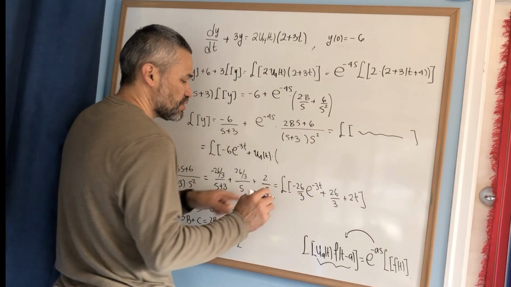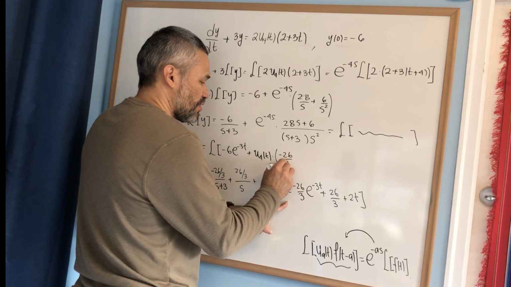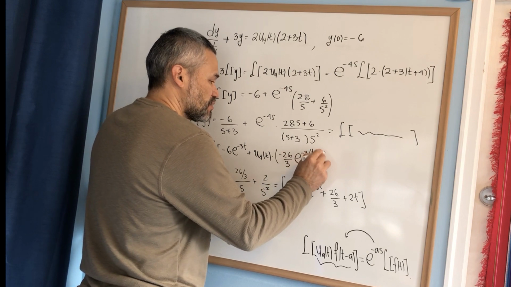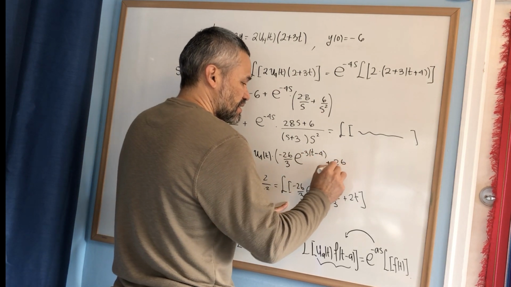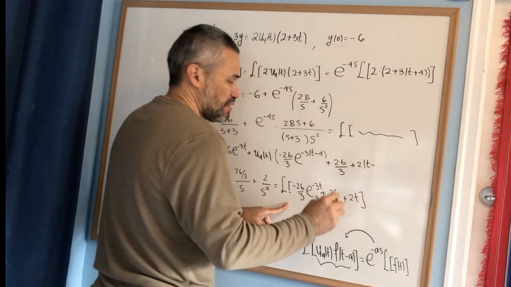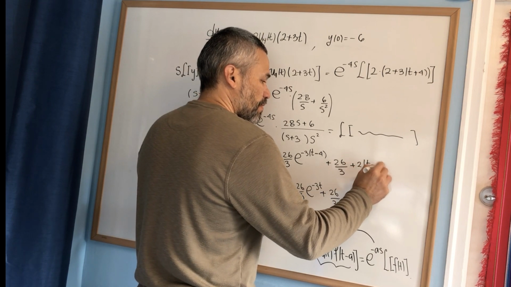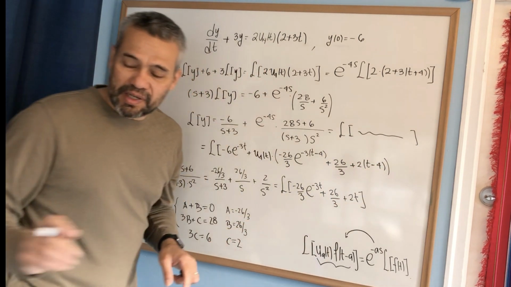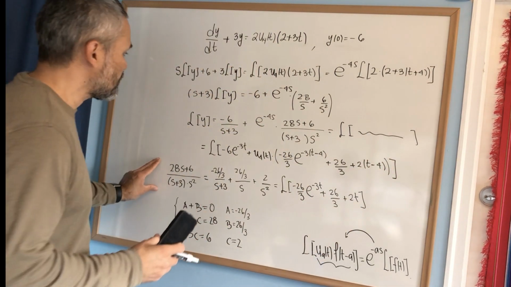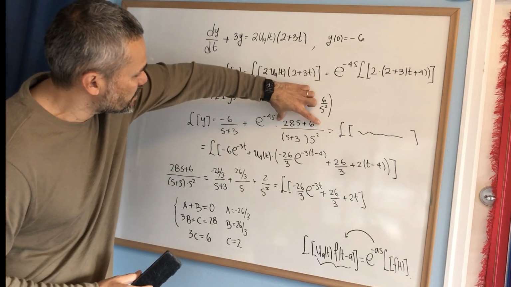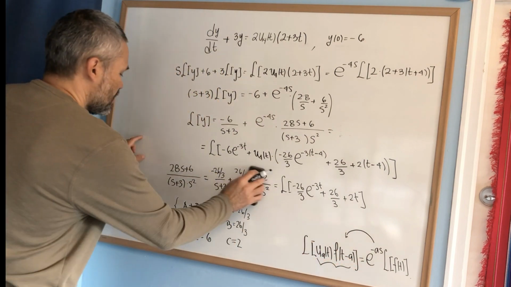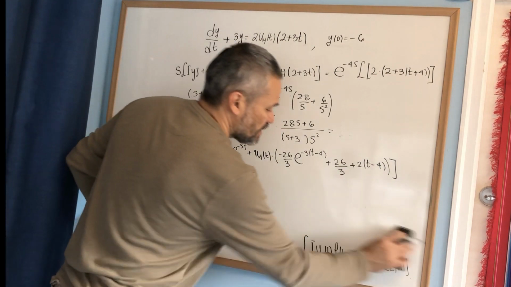Then we're going to have times negative 26 over 3 times e to the negative 3 times t minus 4 plus 26 over 3 plus 2 times t minus 4. And therefore, all of this process here was to rewrite this part. And we have done that. We have used this formula, and now we can provide the answer.